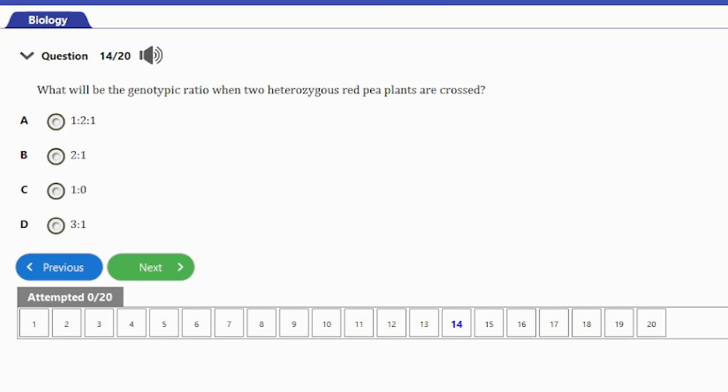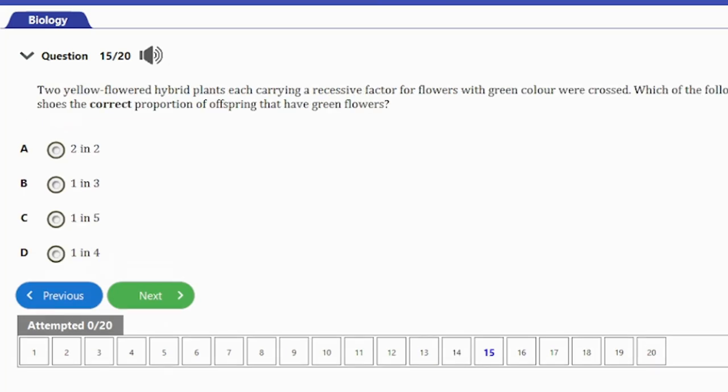So always take note of this, and you don't need to always make crossings all the time. This is just a simple way you can always use. When you always recall this, you don't need to go ahead and cross again each time you're answering a question on this. So let's go ahead and consider the next question.